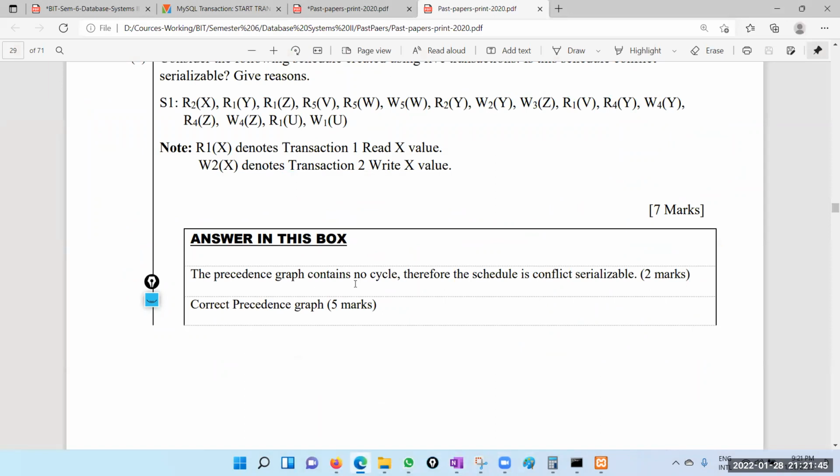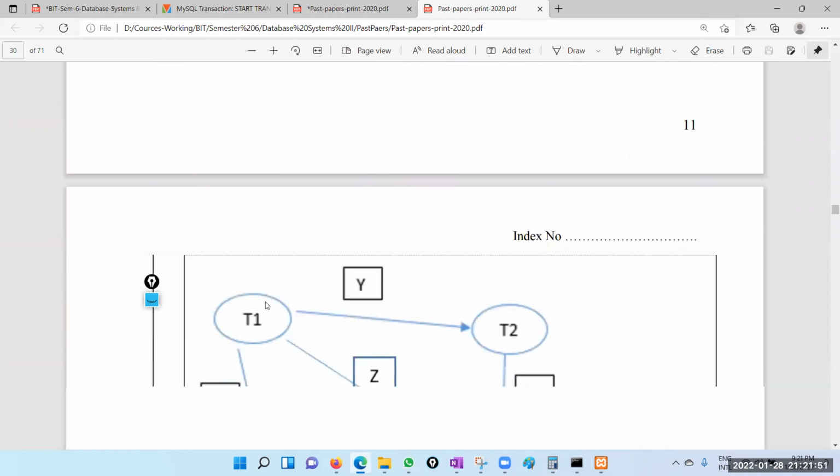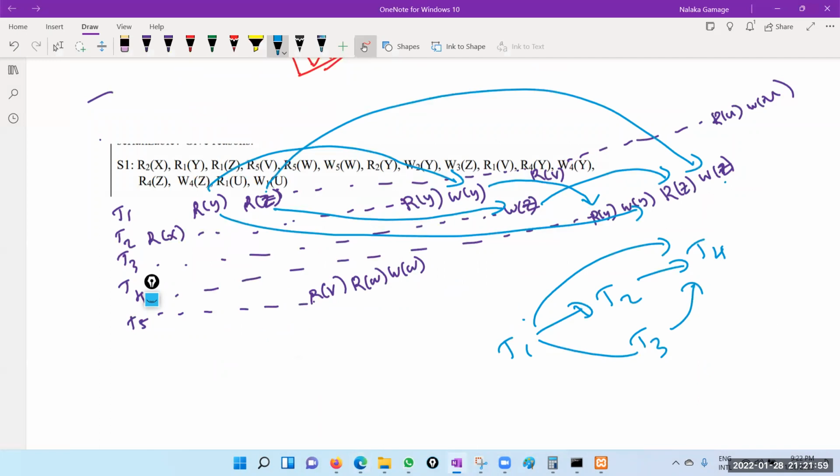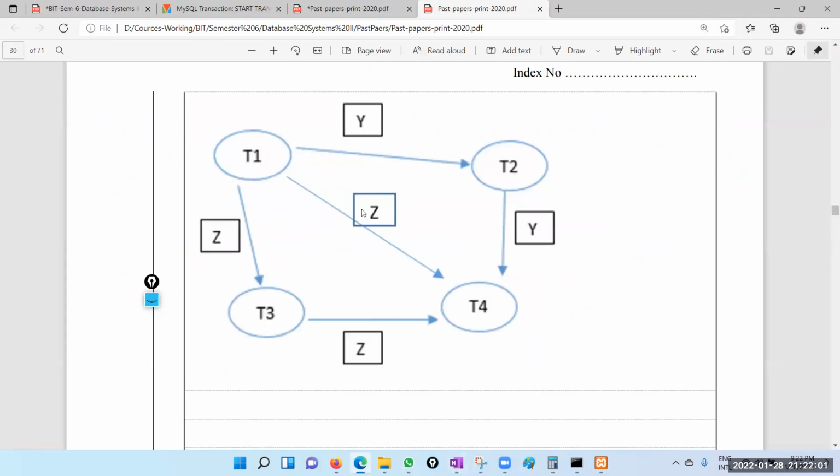The precedence graph contains no cycles, therefore the schedule is conflict serializable. Precedence graph එක තමයි මේක. බලමු මේක හරියද කියලා. T1 to T4.